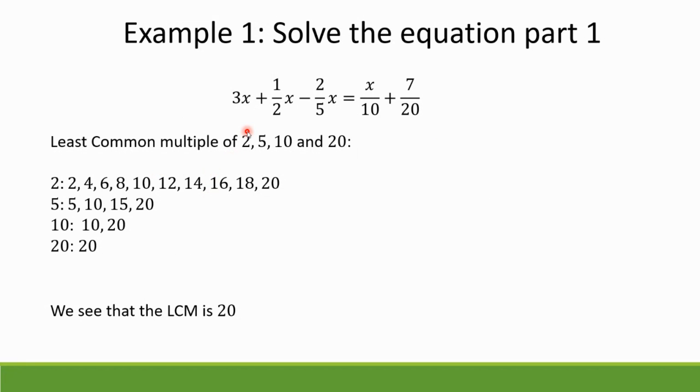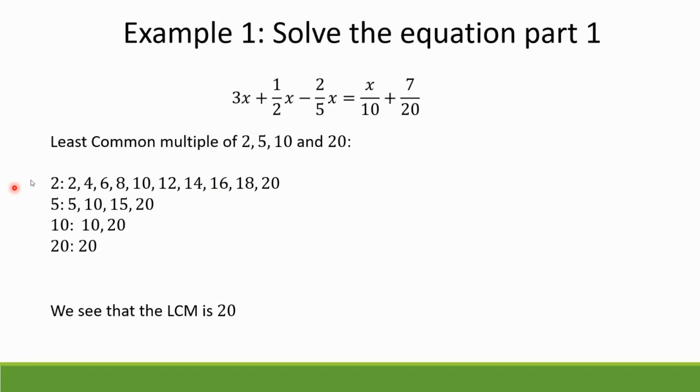And also, in the end, if the result is a fraction, it's a lot easier to get it into reduced form, in lowest terms, if you use the least common multiple. So anyway, let's use the least common multiple. So we have 2, 5, 10, and 20.